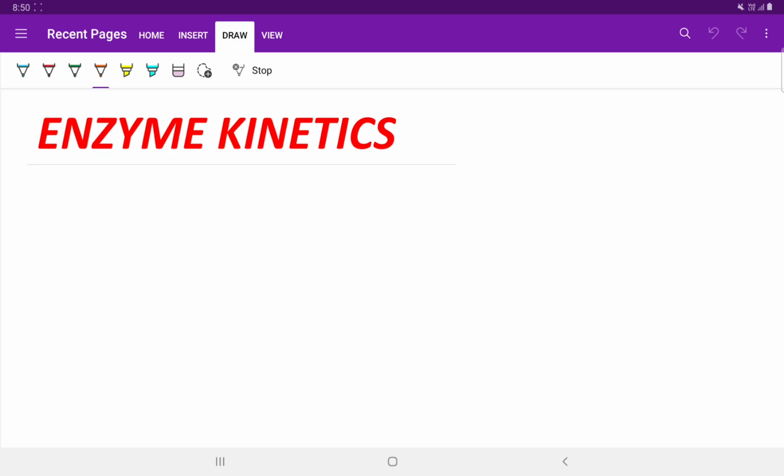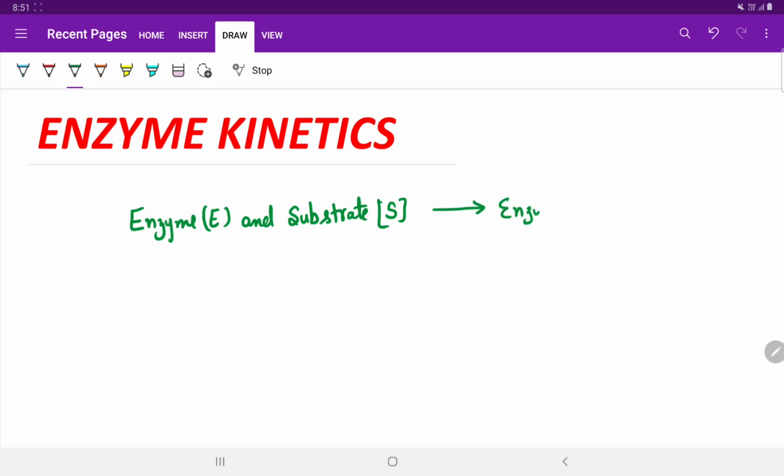Let us start. The enzyme and the substrate combine with each other to form an unstable complex. So here is a simple equation in which enzyme and the substrate combine together to form an unstable enzyme substrate complex.